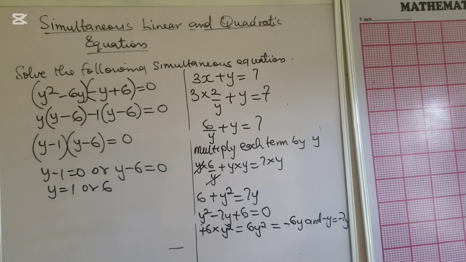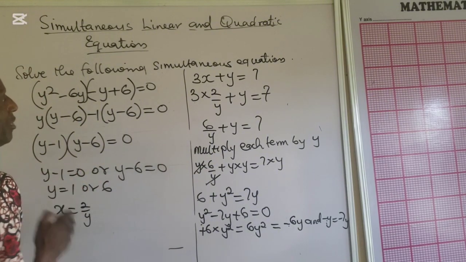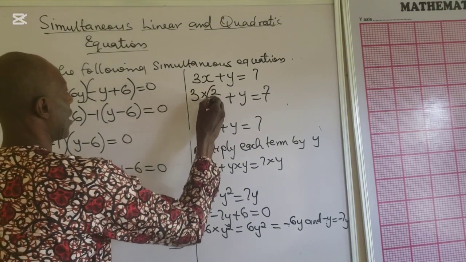So let us find the corresponding value of x. Here we now say x is equal to 2 over y. That was our equation 3. We can get it from here.